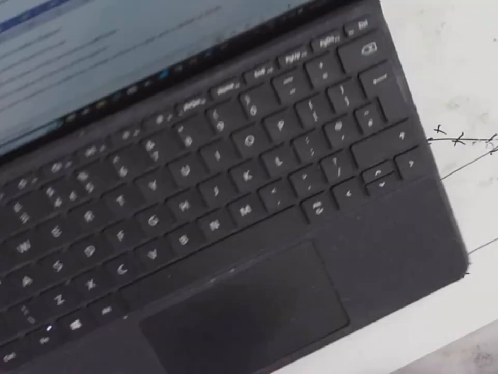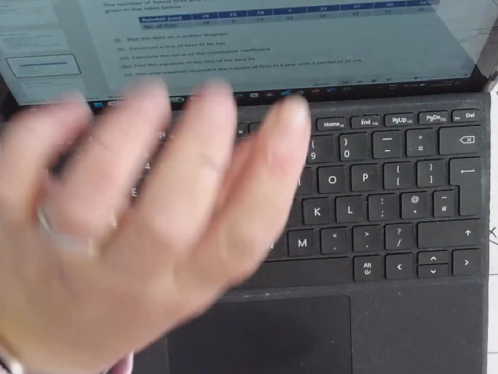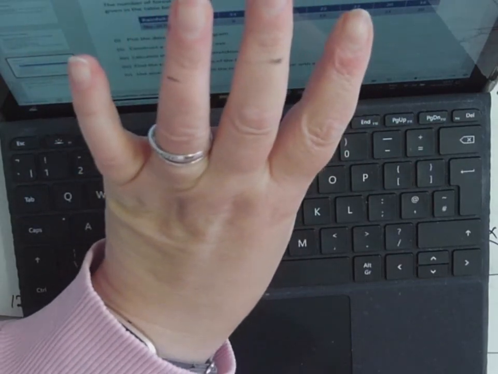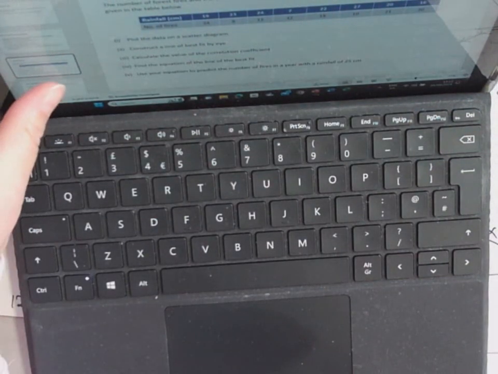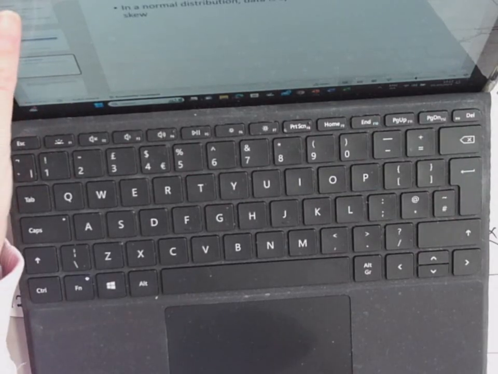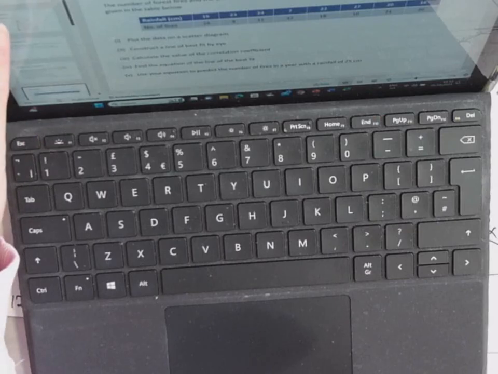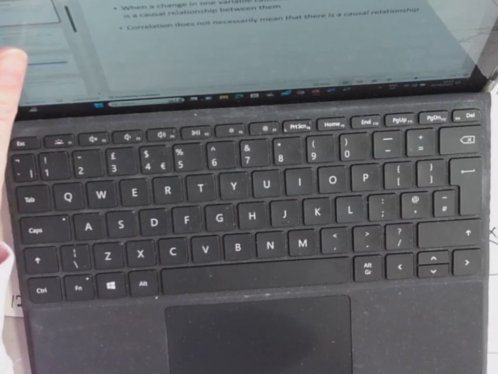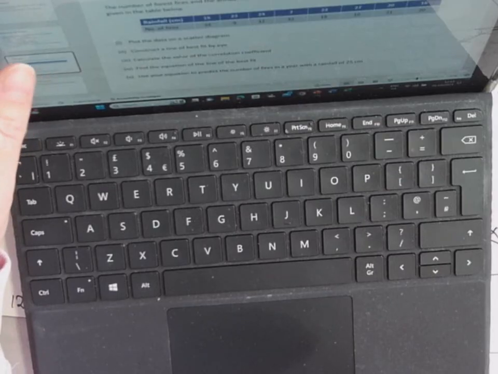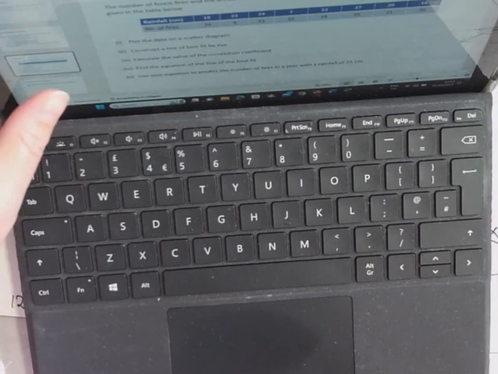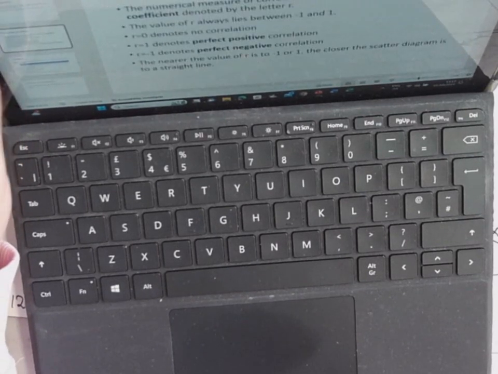Do you want to write down some of the notes on line of best fit? It's not excessive. Where am I? I think we've written down, have we? Yeah, I have no notes on line of best fit.